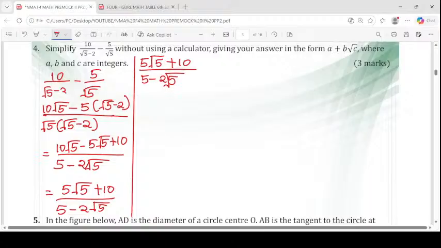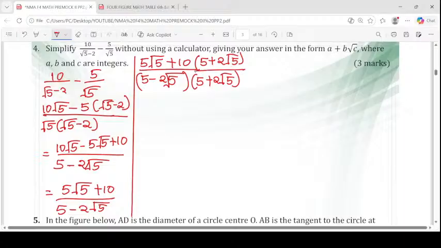What are we going to do here, ladies and gentlemen? We need to rationalize the denominator by multiplying through by the conjugate. The conjugate is 5 plus 2 root 5. Also the numerator will multiply by 5 plus 2 root 5.